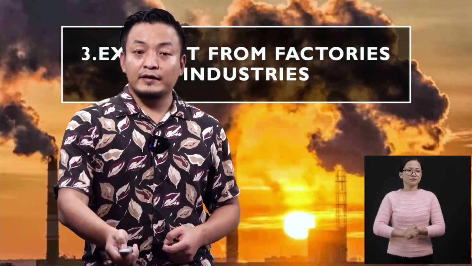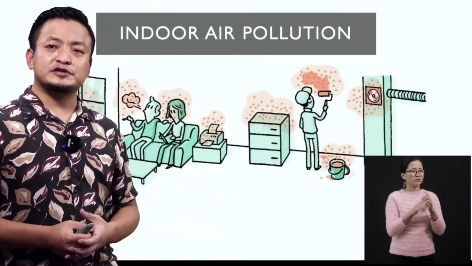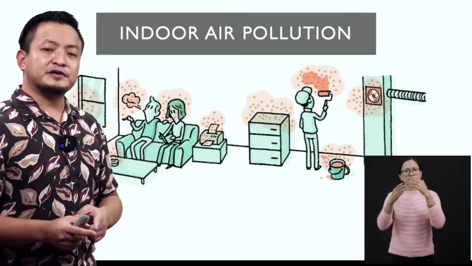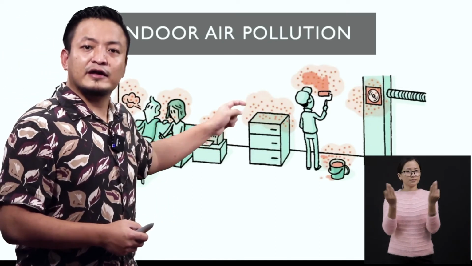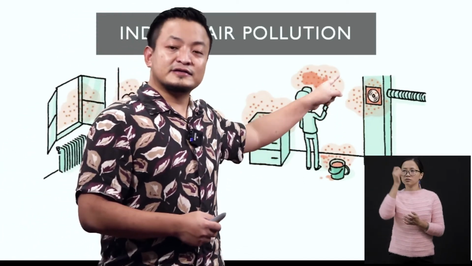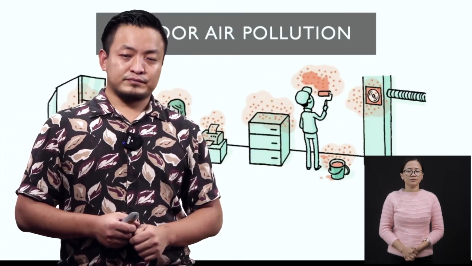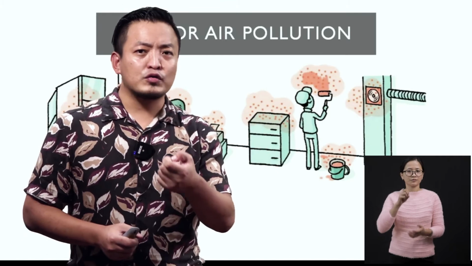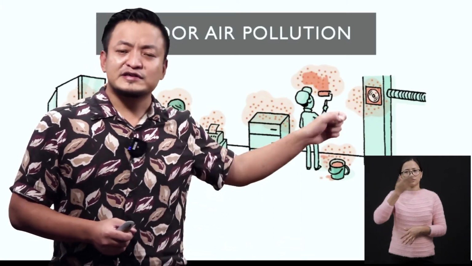Okay? Now, the fourth, indoor air pollution. Now, from this picture, we can see that there is a family, and here it's a painter, right? Now, students, we get a strong smell or a sharp smell from all this paint, right?